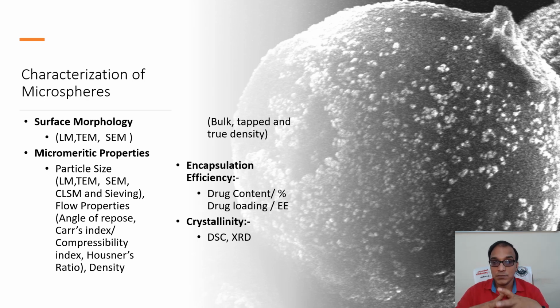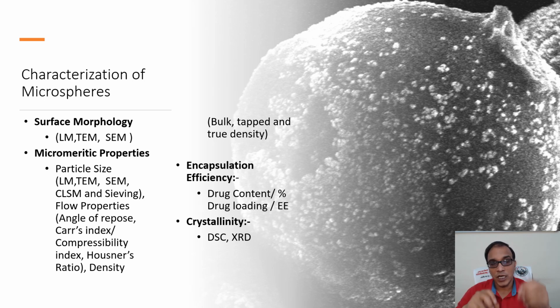Encapsulation efficiency, like drug content, percent drug loading, or entrapment efficiency, must be characterized. For this, generally we dissolve a known amount of microspheres into a known amount of solvent, generally a common solvent.